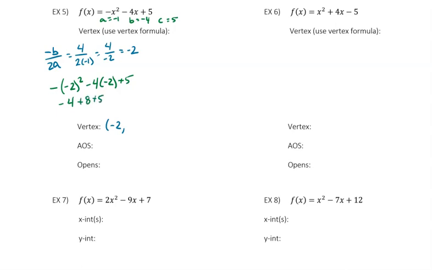And if we add all of those together, we should get 9. So there you go, negative 2, 9 is our vertex. For the axis of symmetry, same thing as before, x equals negative 2. And since a was negative, it was going to open down.